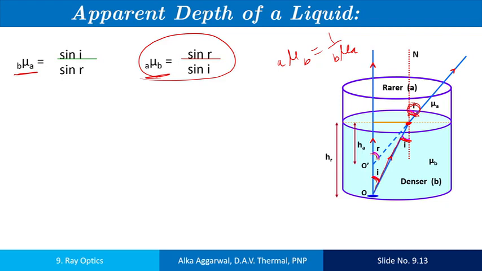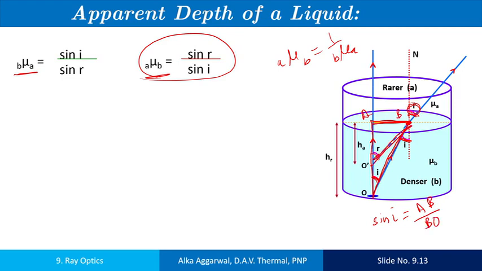Now from this triangle, sine I equals perpendicular upon hypotenuse. Say this point is A, this point is B. So sine I equals AB upon hypotenuse BO.